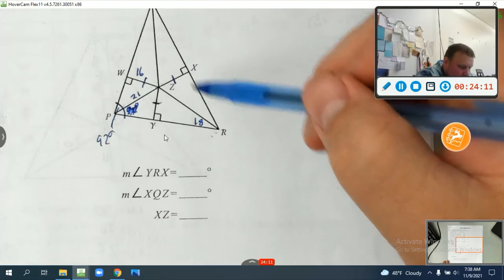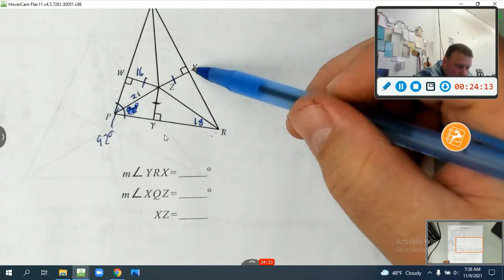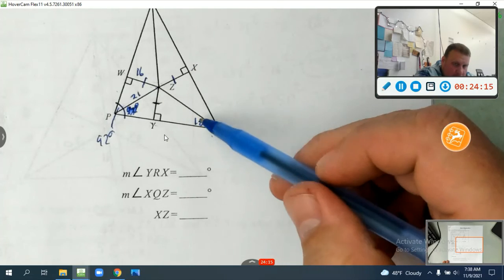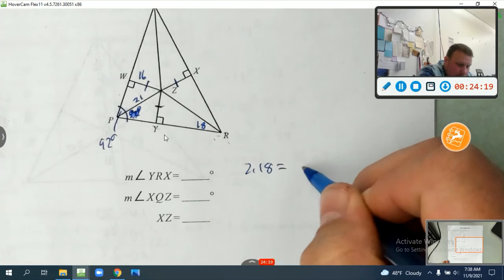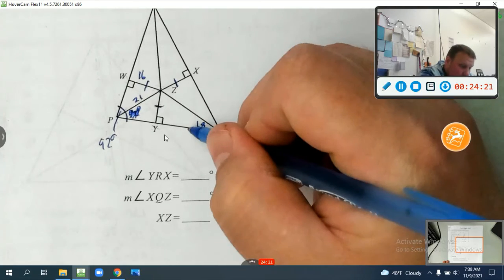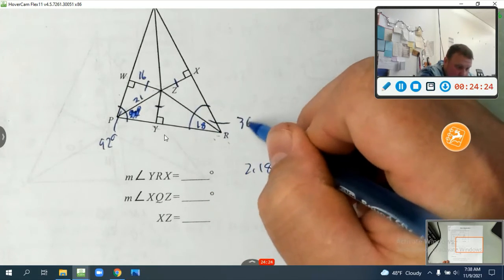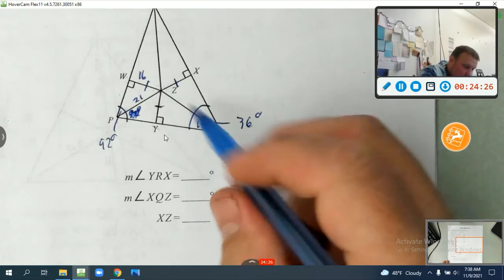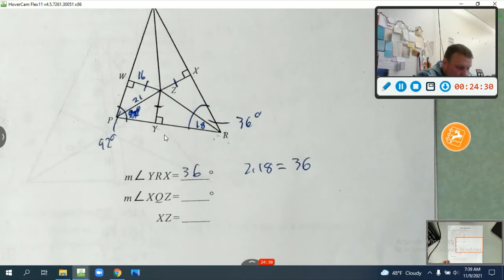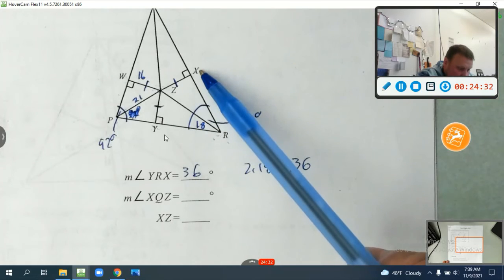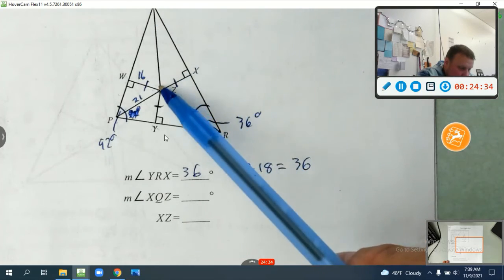So let's take what we know. We want to find the measure of angle YRX. Well, if that's an angle bisector, by definition it cut this angle in half, so we just do 2 times 18 equals 36. We now know that this whole thing is 36 degrees. So YRX is 36 degrees. Now we want to find XQZ.